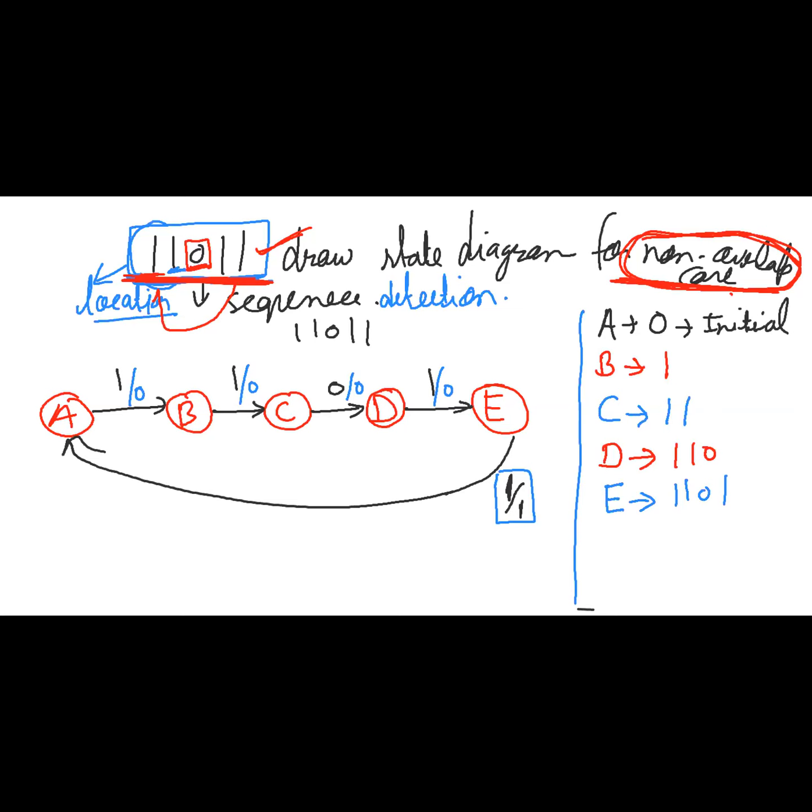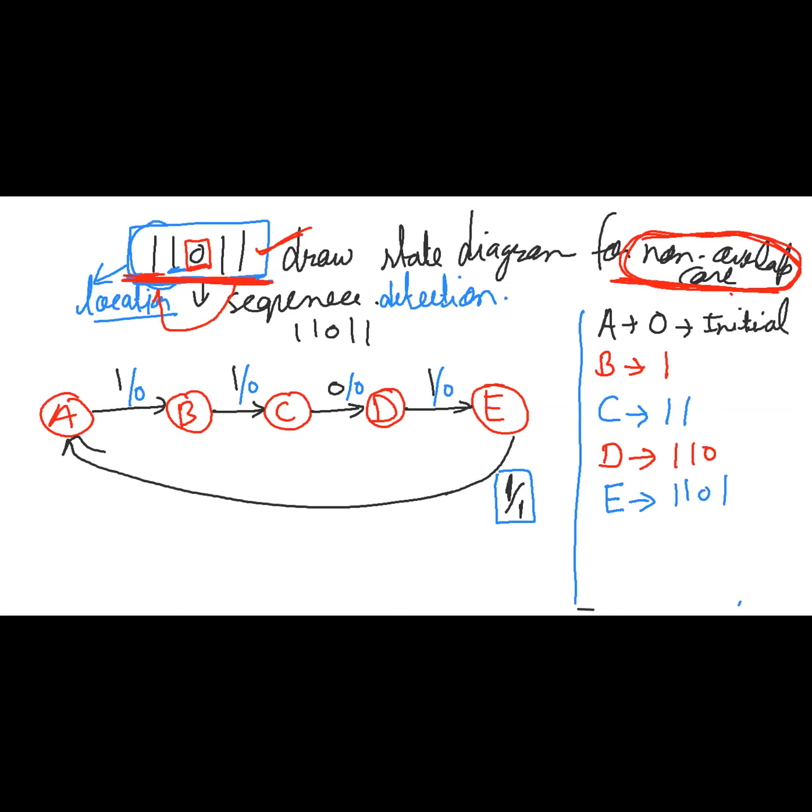Okay, now what remaining paths are left? We will complete that now. At each state, at each station, we have 2 paths. So for A, we followed one path.